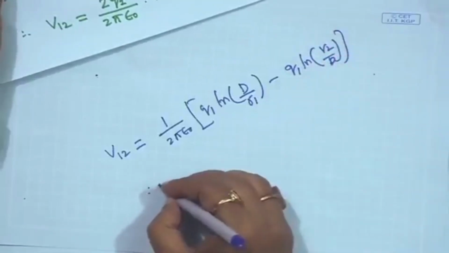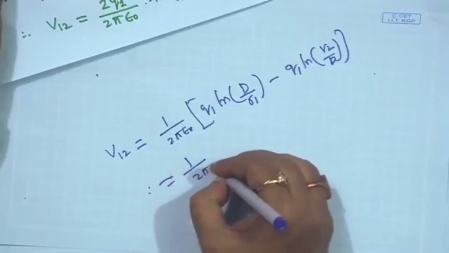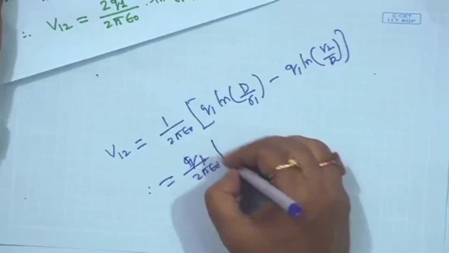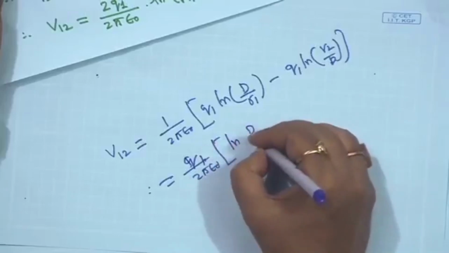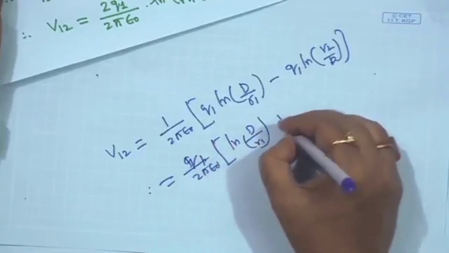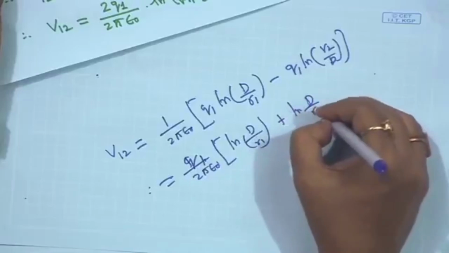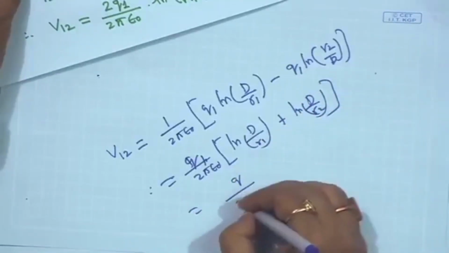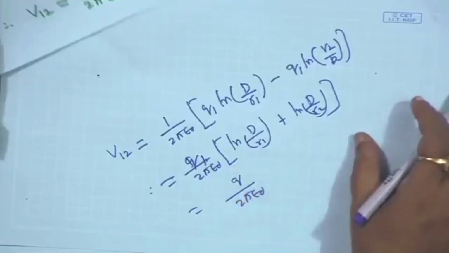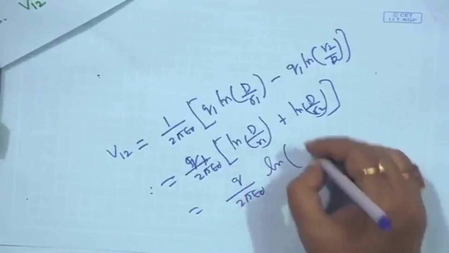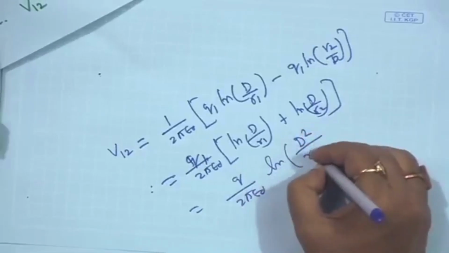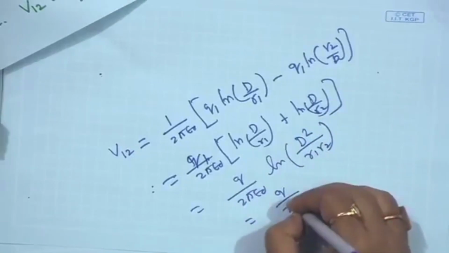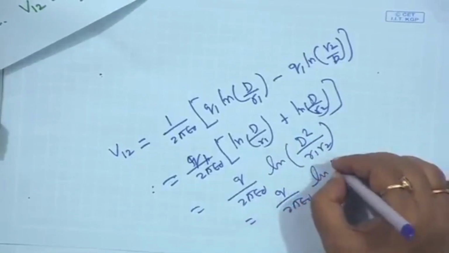Therefore, this is equal to 1 upon 2 pi epsilon 0, you take q1 common, and this is ln d upon r1 plus ln d upon r2. That is equal to q upon 2 pi epsilon 0, then ln d square upon r1 r2. This one you can write as q upon 2 pi epsilon 0 ln.